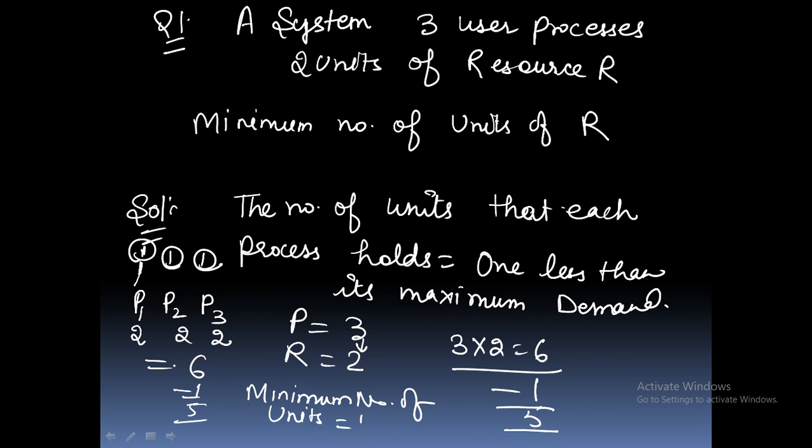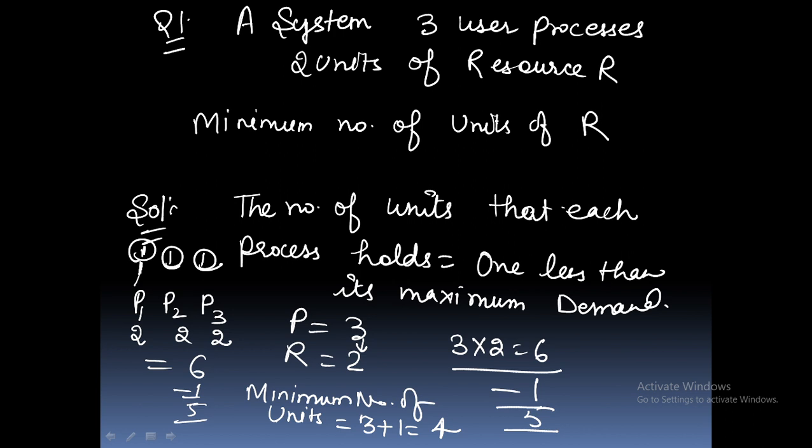If they are to be in deadlock, they hold 3 resources, but if we add 1 more resource to that, it is a total of 4, and this shows the minimum number of units of resource that ensures no deadlock: 3 plus 1, that is 4.